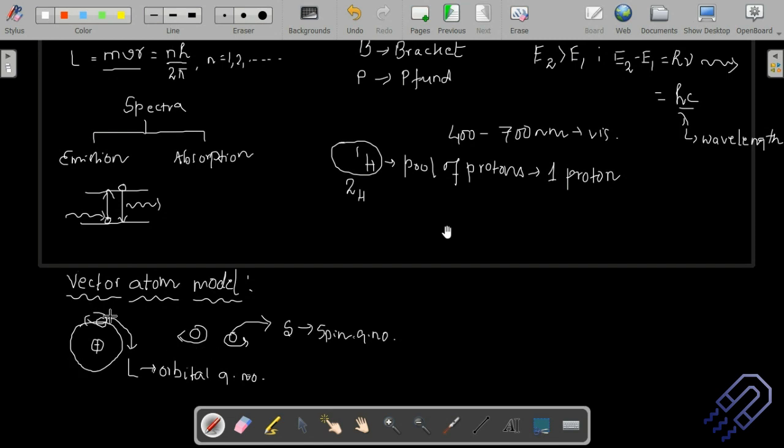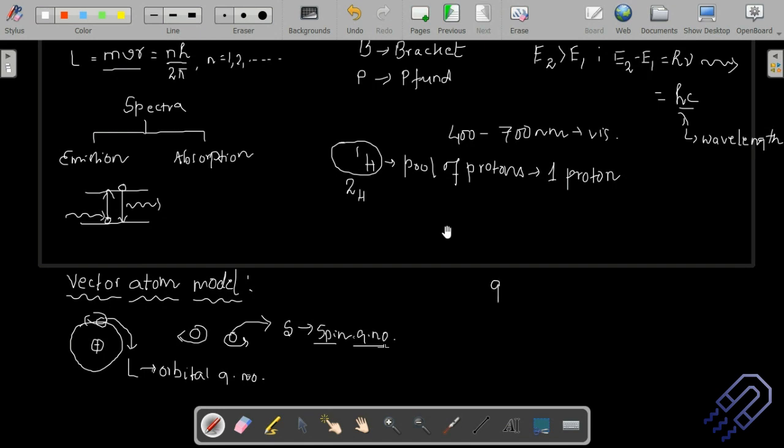So the field that it produces, maybe the magnetic field if we are talking about magnetic moment, is not only because of its orbital motion but also because of its spin motion. And that was the idea behind the vector atom model.